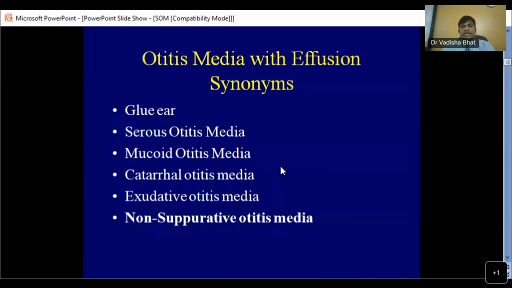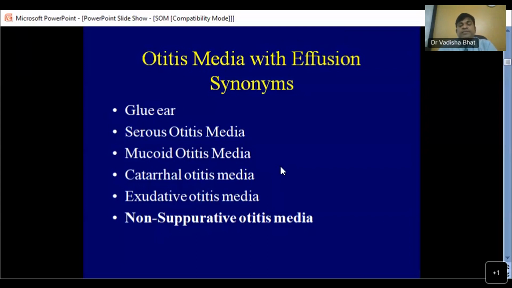However, the latest term is otitis media with effusion, or the middle ear effusion, which answers all the doubts we have about why it is called otitis when it is not actually a suppurative infection in the mid-ear cavity.